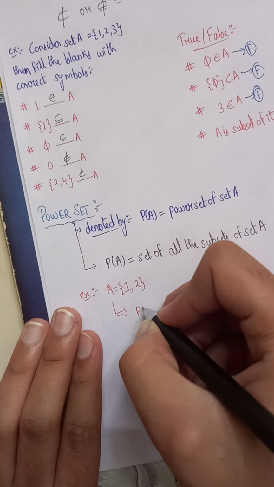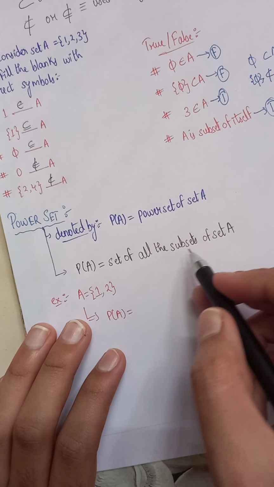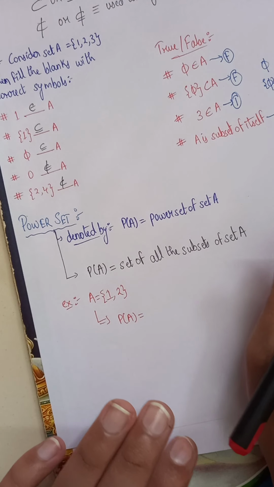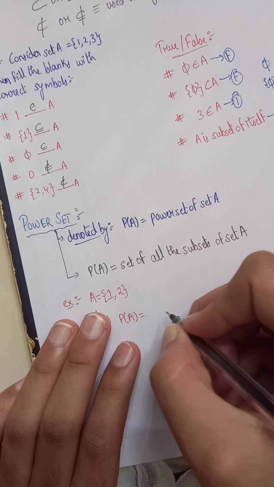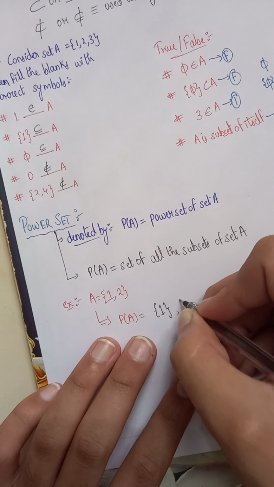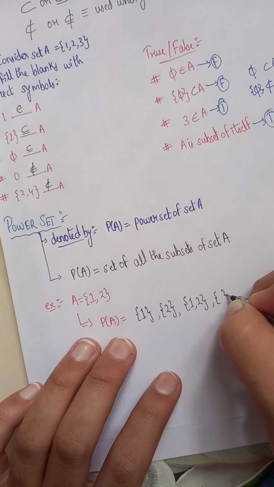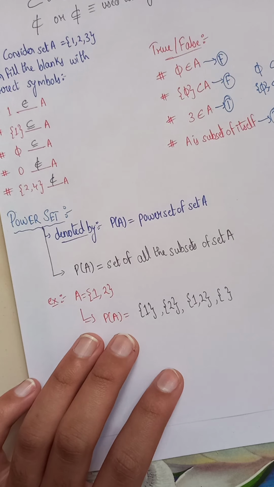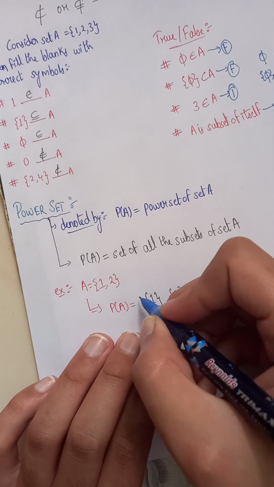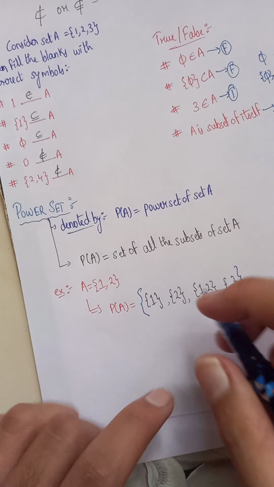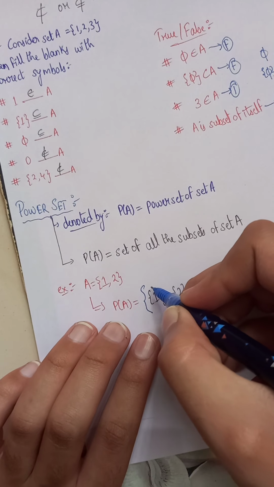Let's write the power set of set A. It is the set of all the subsets of set A. First write all the subsets of set A, that is {1}, {2}, {1, 2}, and the empty set. These are the subsets of set A. Power set of set A means the set of all the subsets, so you need to put another curly bracket around them.